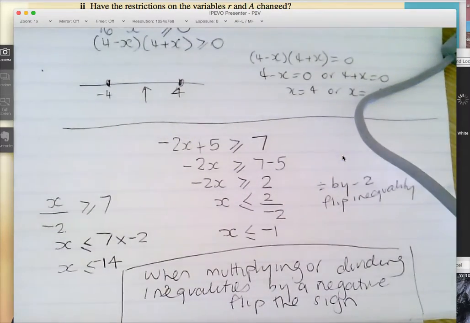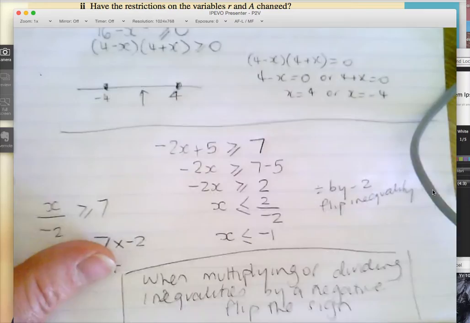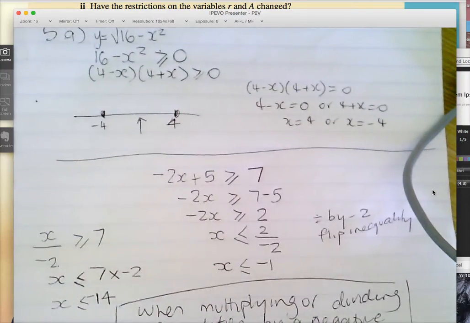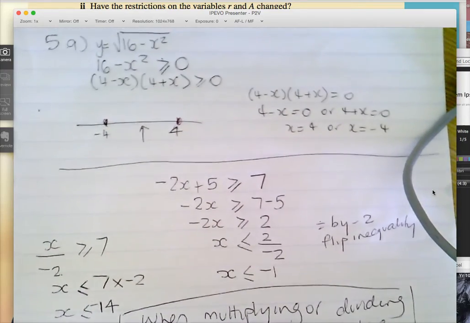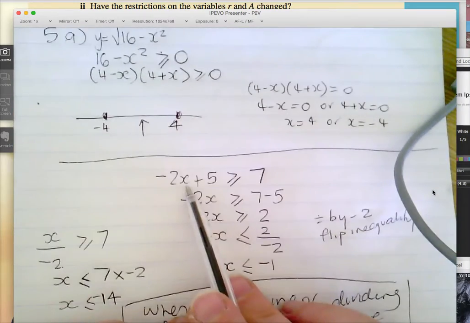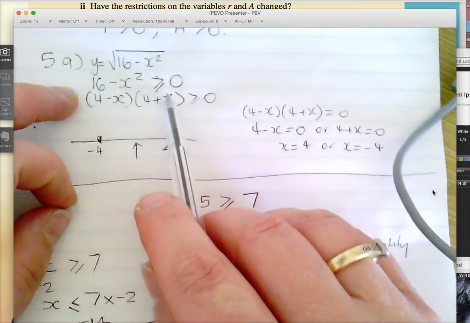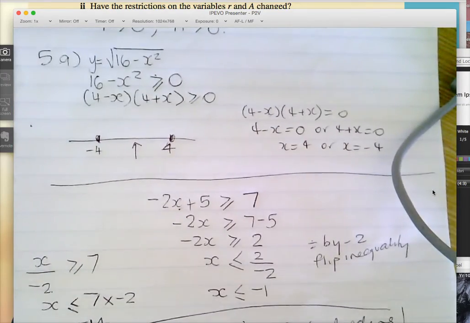It says 4 minus x, 4 plus x is greater than or equal to 0. Because this is a quadratic inequality, it's not a linear one like these, which have just one x.